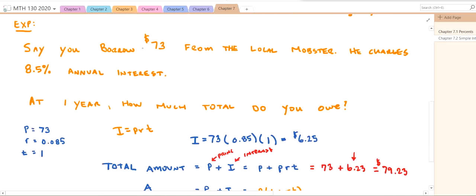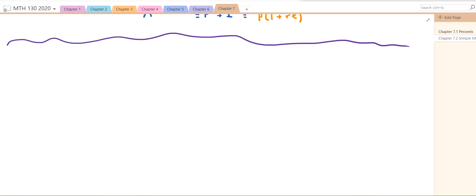So in summary here, you borrowed $73 at 8.5% annual interest rate. After a year, you had to pay an additional $6.25 in interest, and the total was $6.23 plus the original amount, $73, equals $79.23. Okay, so we have this formula for simple interest.